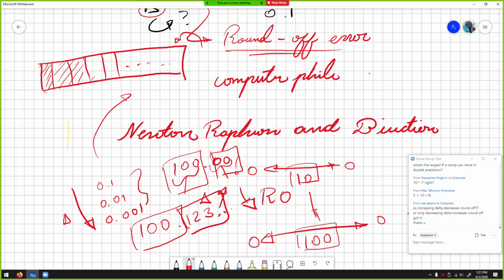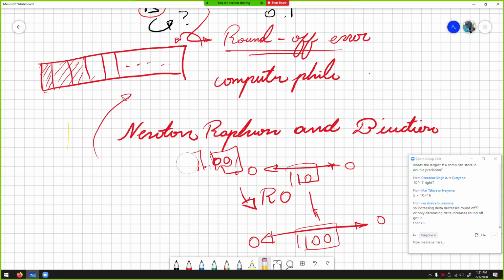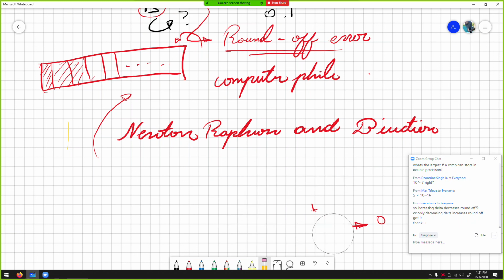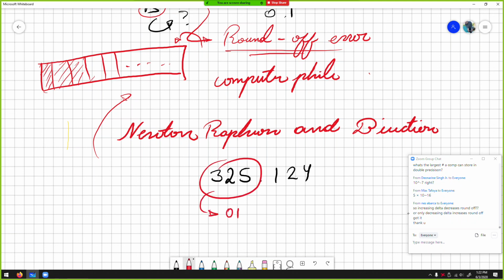Decimals are not exact because remember, everything that you store on a computer has to be converted to binary. So when you think that you are storing 27.3, and I think this is important that you all understand it, if I'm storing a number like this, it will convert into an exact binary number.